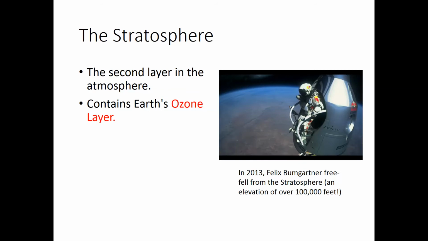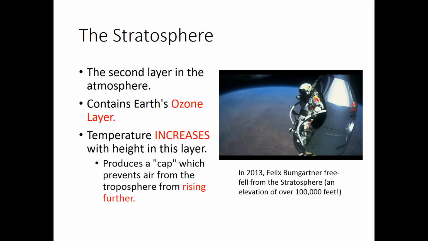The way it does this is it absorbs them, and when it absorbs them, it warms up. So the ozone warms up, and that causes temperature to increase with height in the stratosphere. And that's how we know that we've transitioned from the troposphere to the stratosphere. When temperatures start to increase with height, we've now entered the stratosphere.